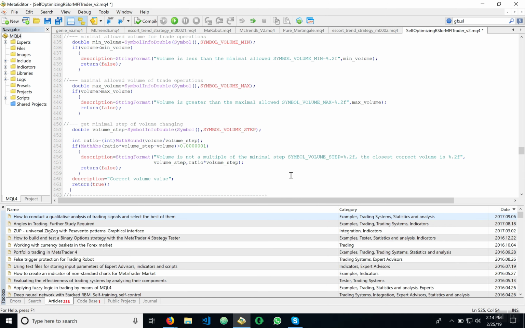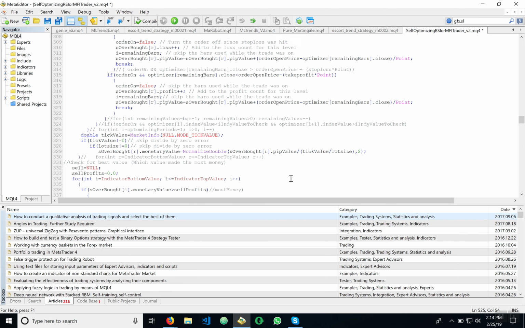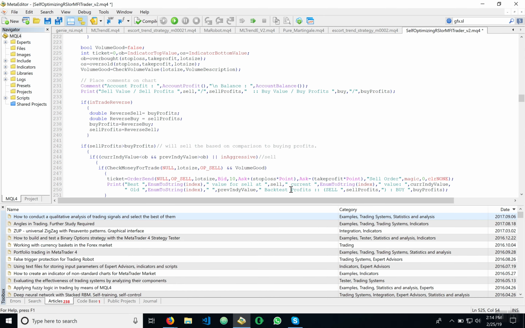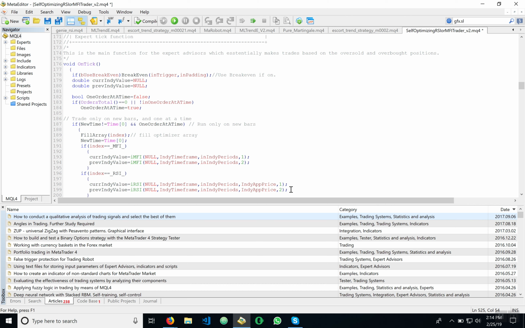Now let us look at the main function, the OnTick function, which basically pulls all those functions together, the check value, overbought, oversold, as it is running on a particular period or time frame.